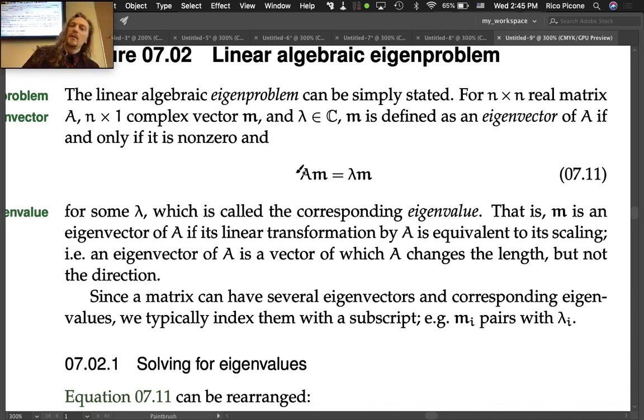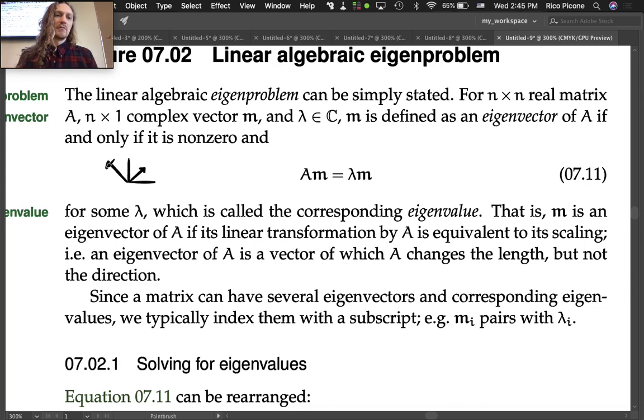So typically when you have a vector, like let's just put a nice little Cartesian vector out there, and you multiply that vector by a matrix, or you operate on it with what's sometimes called a linear transformation, in general you change the direction of that vector and its length.